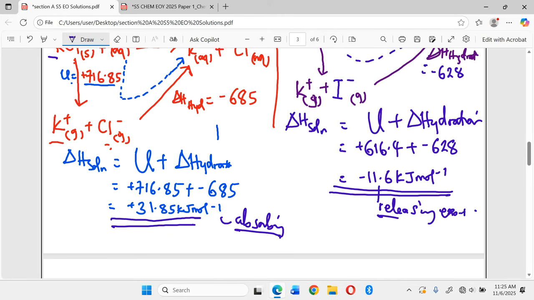What does it mean? The one which is absorbing heat, which is potassium chloride, is slightly less favorable to dissolve, while the one which has a negative value, which is releasing heat, dissolves more easily and is more energetically favorable. So finally, we can advise Anita.